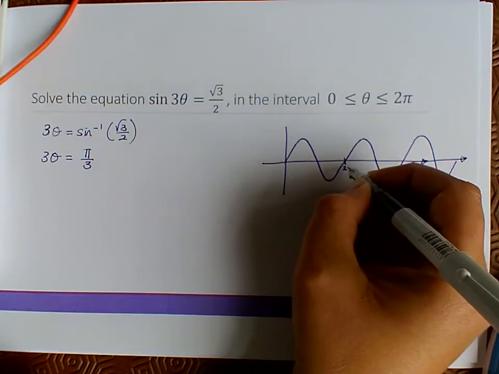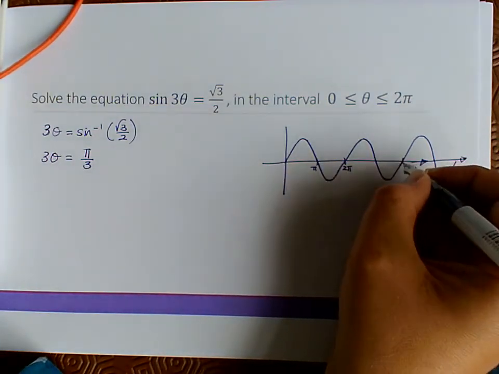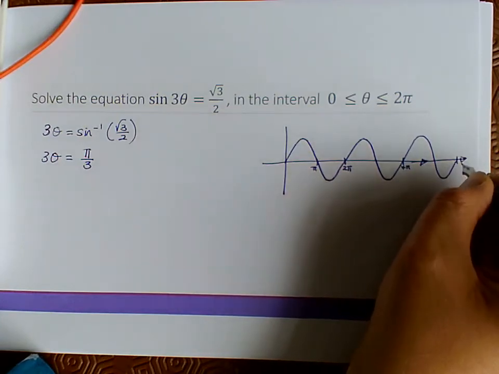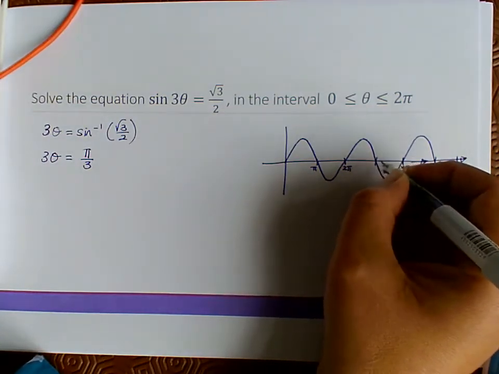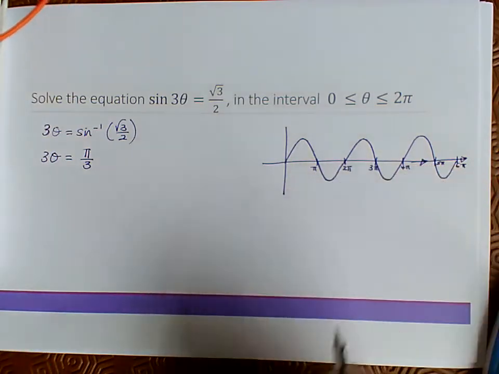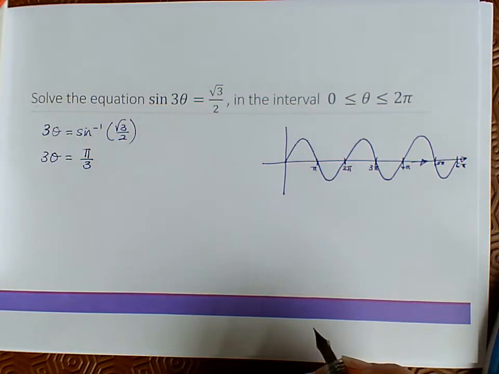There's 2 pi, pi, 4 pi, 6 pi, 5 pi, 8 pi. So that's all my points where it crosses the x-axis.